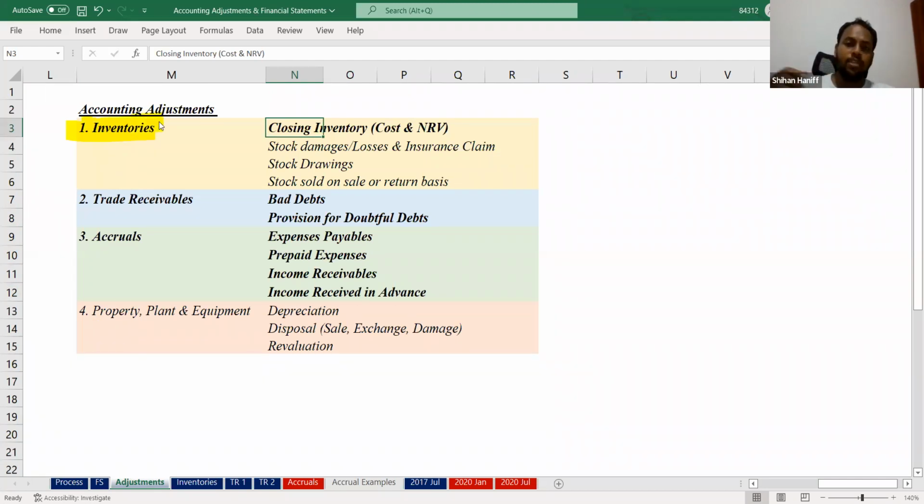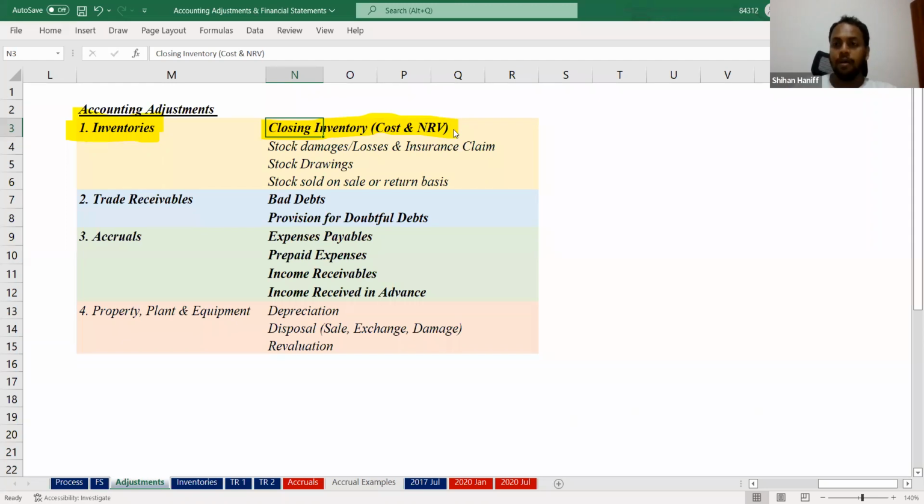If you take any question, from O level to A level, or AAT, Chartered, CIMA, ONCCA, or any other qualification, in preparation of financial statements questions, the first adjustment will be inventories. Under inventories, mainly you will have to do the closing inventory adjustment, closing stock adjustment.